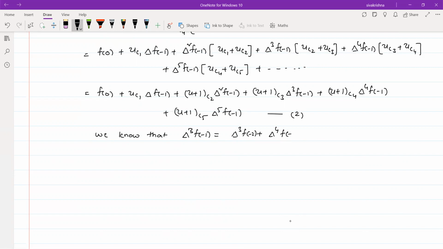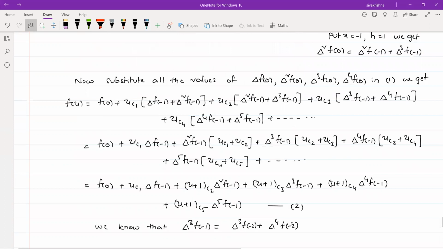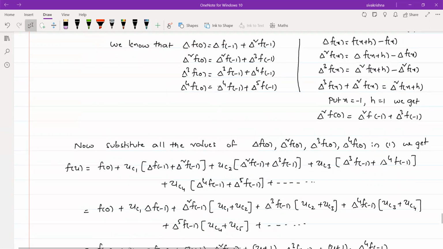By observation of the values in the above steps, delta f of 0 can be written as delta f of minus 1 plus delta square f of minus 1.